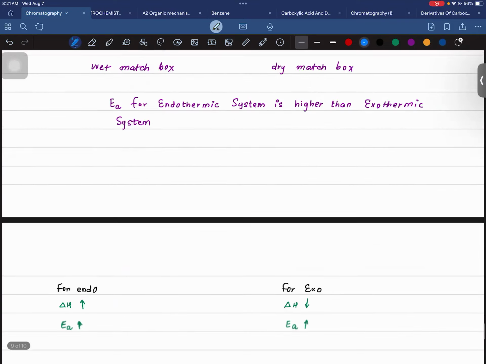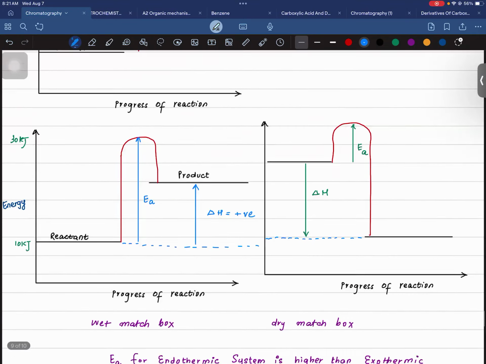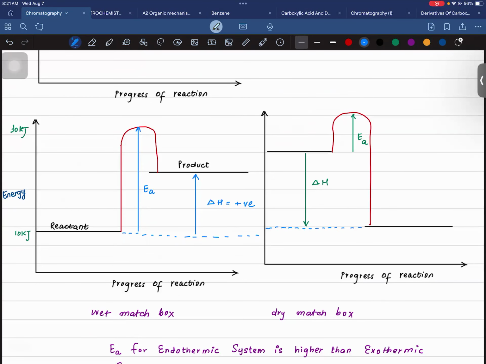Isn't the activation energy 30? Exactly, 30 minus 10 is 20. We have to find out the difference, right? Because the reactant is zero and the product is zero, so you need to subtract this area.